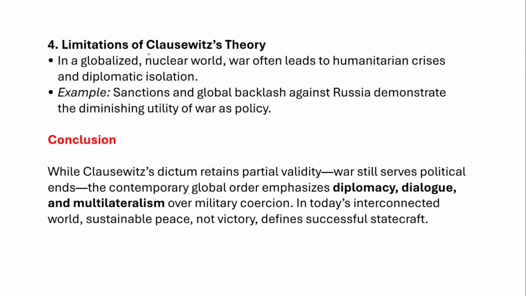However, let's understand some limitations of the Clausewitz theory. Now we are living in a globalized, interconnected, nuclear world. In this world, war often leads to humanitarian crisis. We have seen the humanitarian crisis in the Israel-Hamas conflict and the Russia-Ukraine conflict, right?